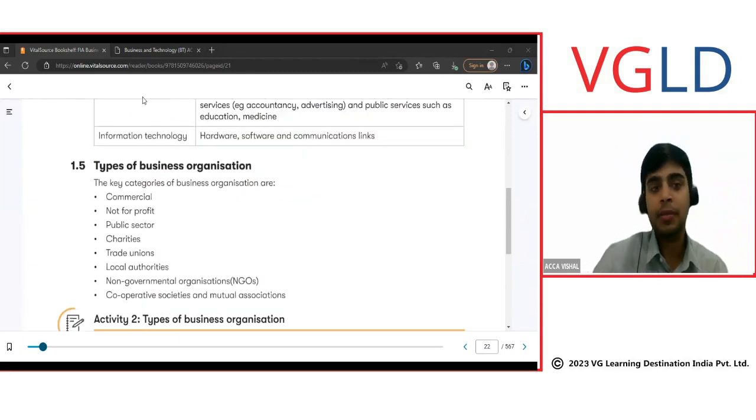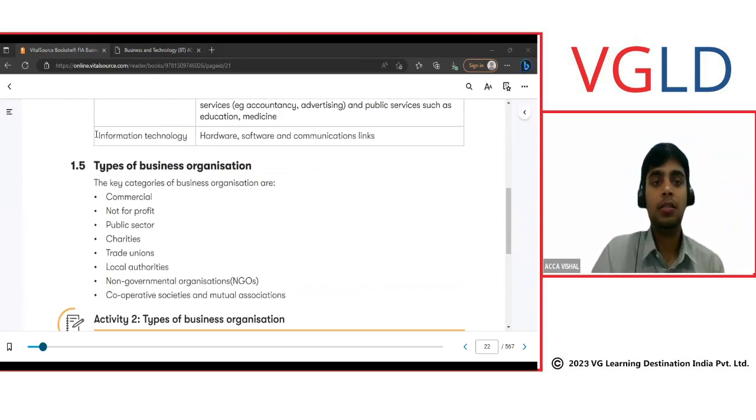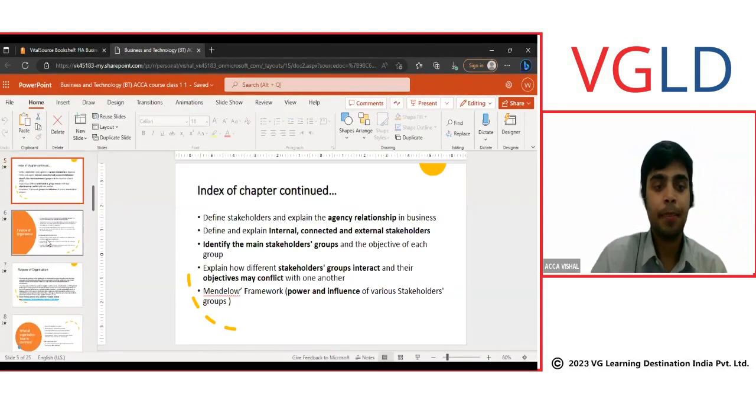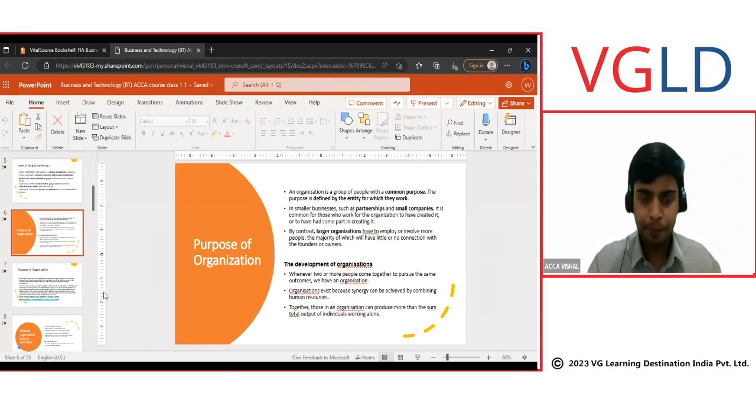So, types of business organization, just this pop-up that actually irritates me. The index was the thing that I was trying to show: organization, a group of people with a community of purpose, and all that I was just discussing, and how large organizations differ. We have just covered this, don't worry.